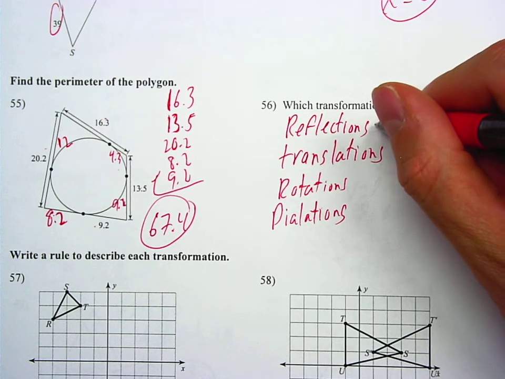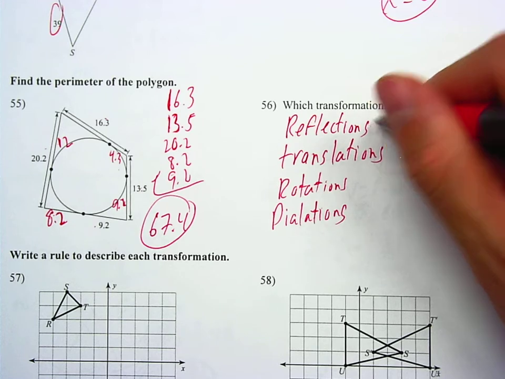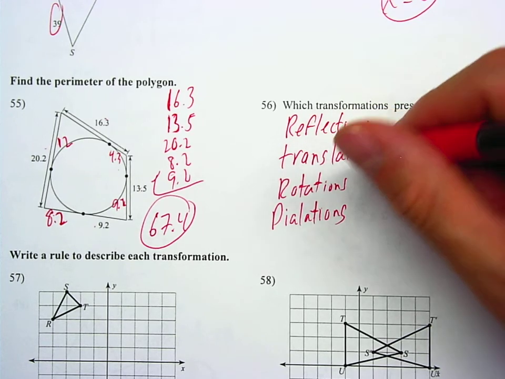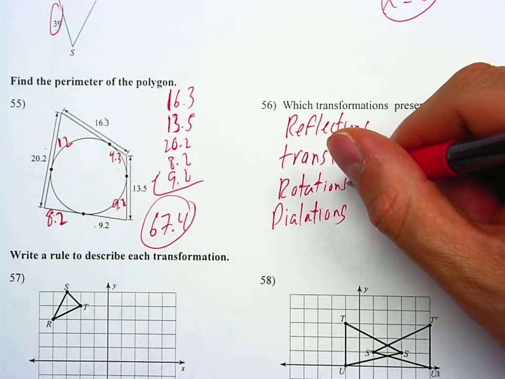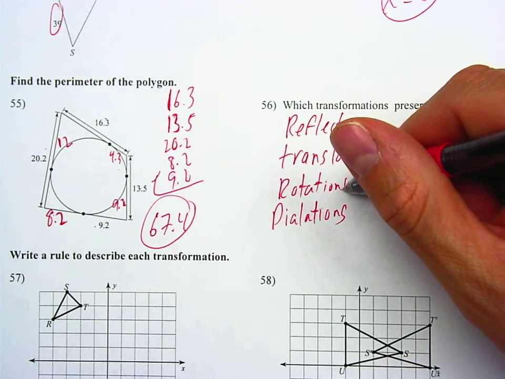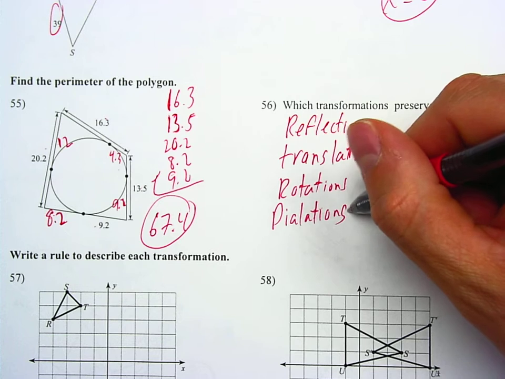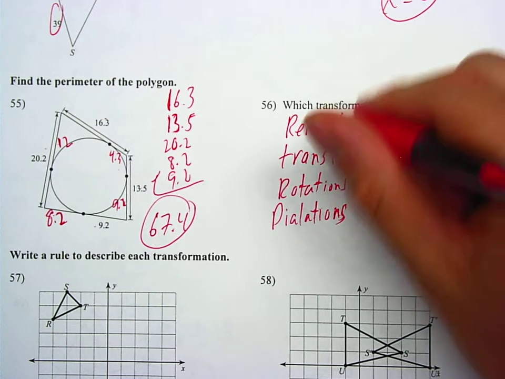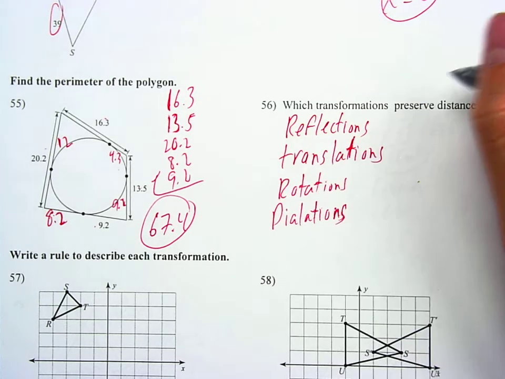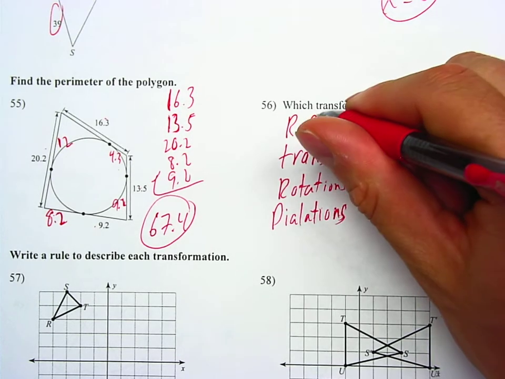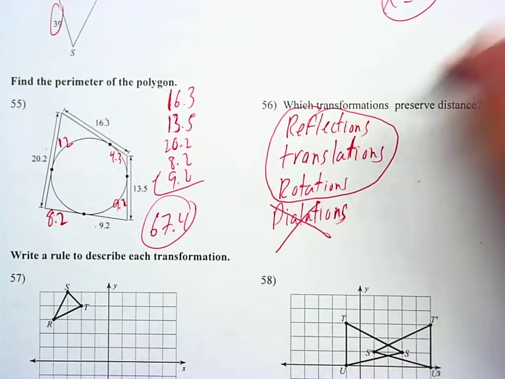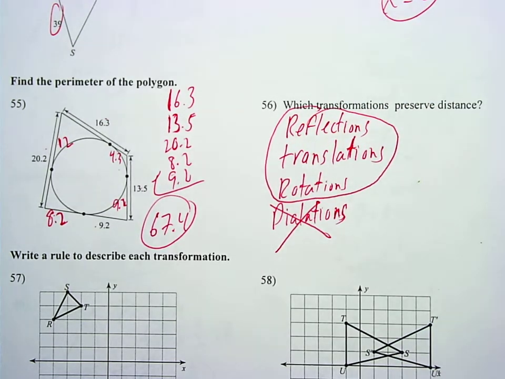A reflection just reflects the shape, folds it over a line of symmetry. A translation just moves a shape left, right, up, or down. A rotation rotates a shape about a point, usually the origin. A dilation makes the shape bigger or smaller by a scale factor. So 3 of the 4 preserve distance, the first 3. The dilation does not, because it makes the shape bigger or smaller.